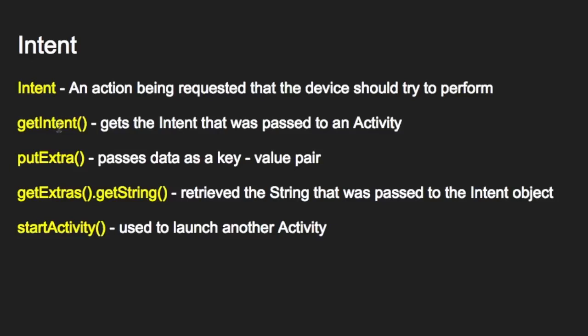We could then retrieve that on the other screen by calling the getIntent method, and then getting the extras, and then getting that particular string by giving it the key that we wanted to find out what its value was. And then lastly, we were able to launch other activities using the startActivity method.